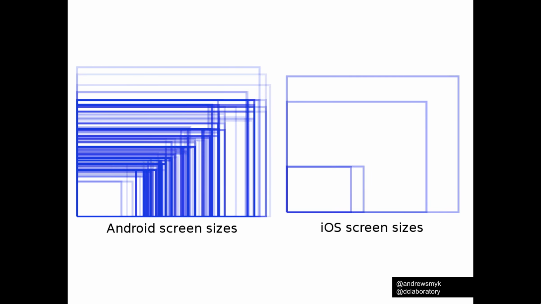So when you're designing, you're wrestling with all these screen sizes. Ideally, iOS has a limited set of screen sizes, whereas Android and its fragmentation has multiple screen sizes, multiple resolutions, and so on.